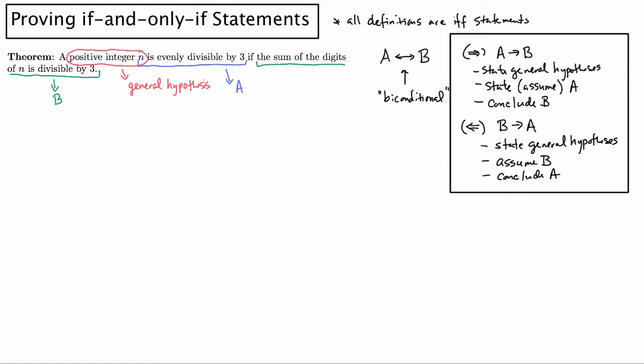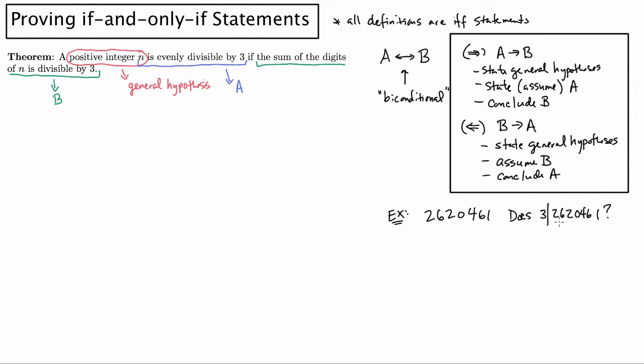Now, just to get a handle on what this particular theorem is saying, suppose you were looking at the following number, and you wanted to know whether that positive integer is divisible by 3. So the question we're asking is, does 3 divide this integer?